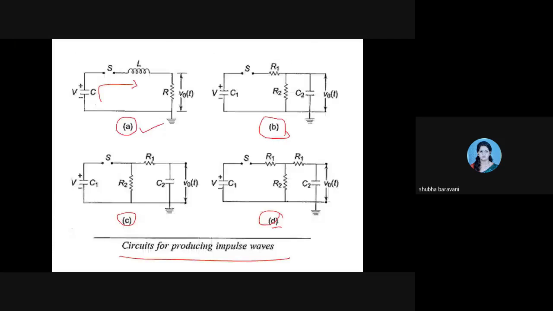So what is the voltage drop across this? How do you give the voltage drop across the capacitor? Voltage drop across capacitor.